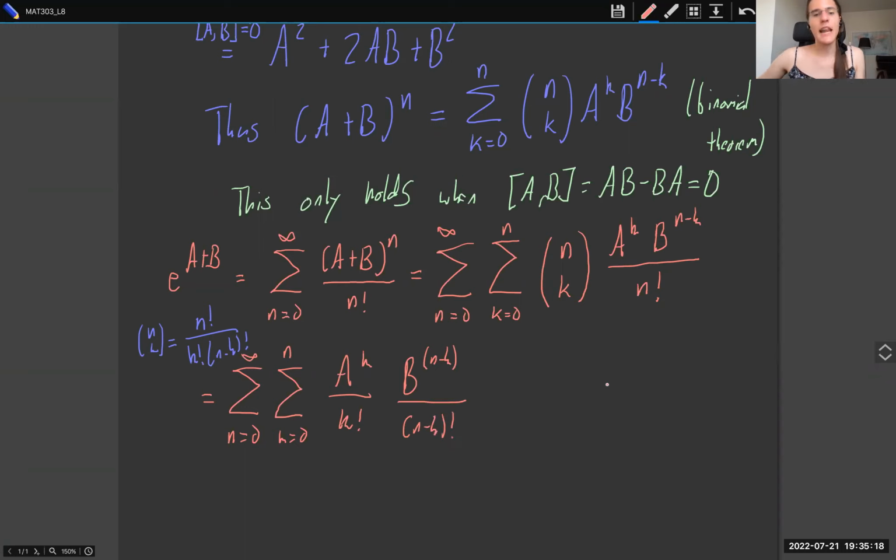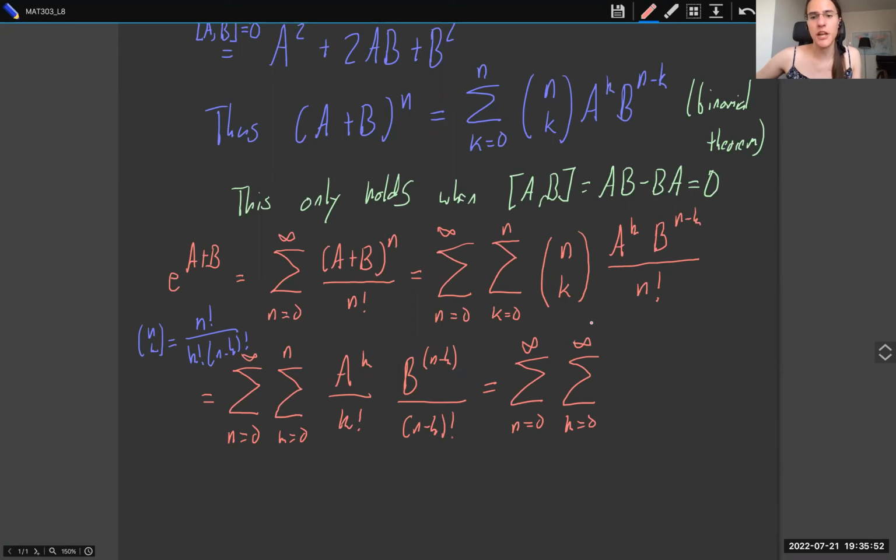Now we're going to do a very clever rearrangement of this sum. Basically, here you have all possible pairs n and k, where k is less than or equal to n. But that gets distributed across these two numbers. What I'm going to claim is that this is actually equal to the sum from n equals 0 to infinity and the sum from k equals 0 to infinity.